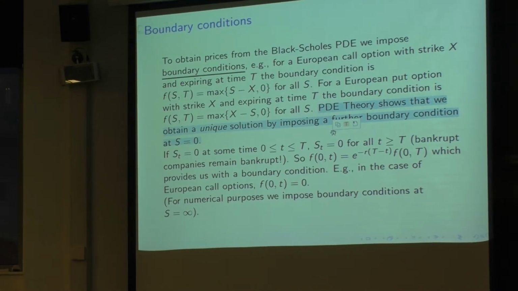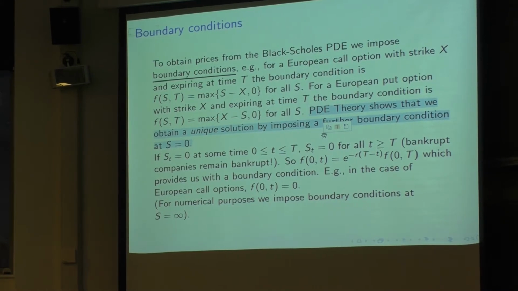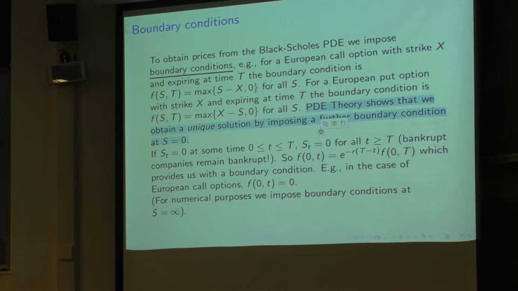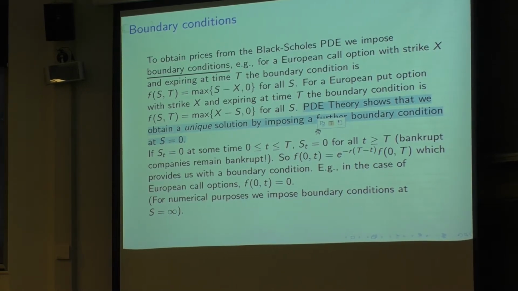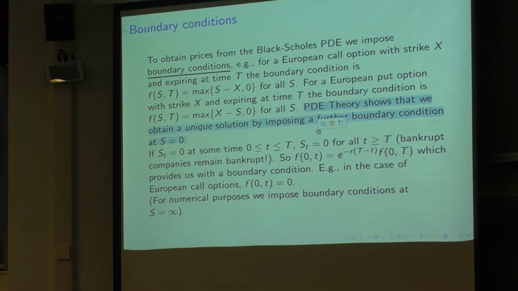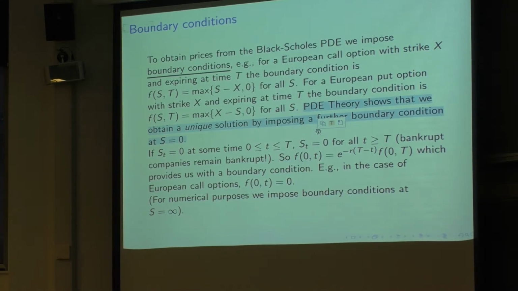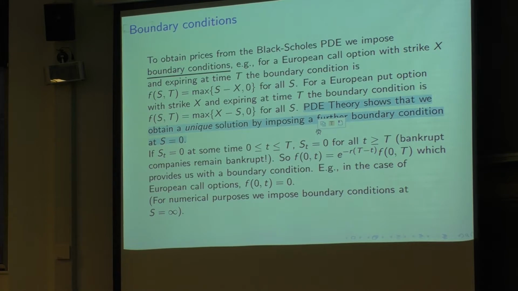So if f is a solution of this partial differential equation, and if you specify the values of this solution along this boundary and along this boundary, then there is a unique solution of the Black-Scholes partial differential equation satisfying these boundary conditions here and there. I should be a bit careful: if these boundary conditions are not too crazy, and we're not going to see any crazy boundary conditions, then there is a solution. And not only is there a solution to this boundary problem, but there is a unique solution.